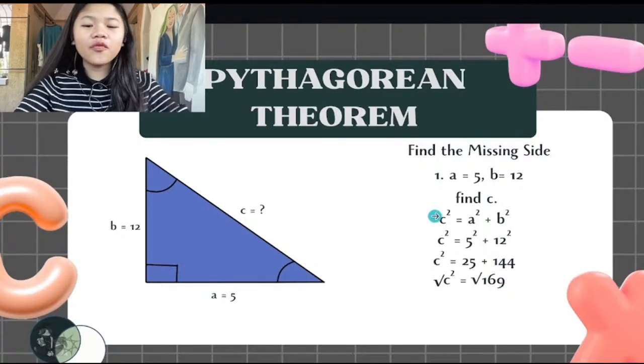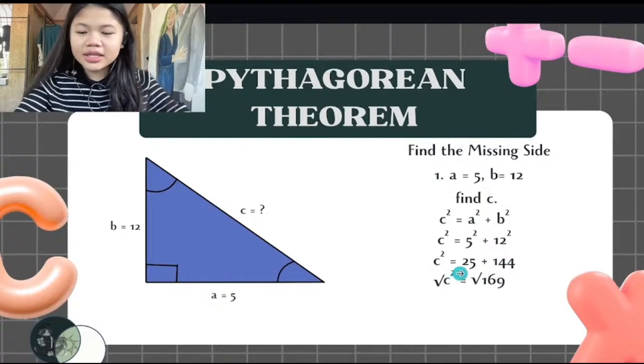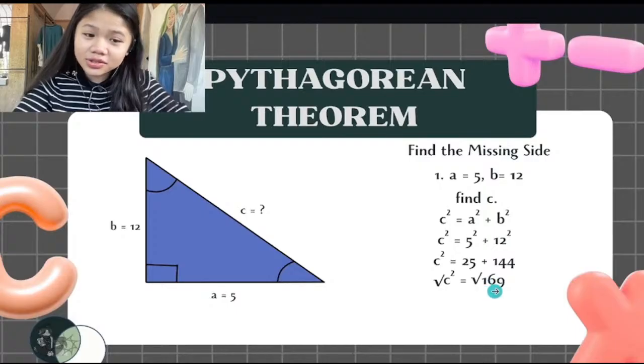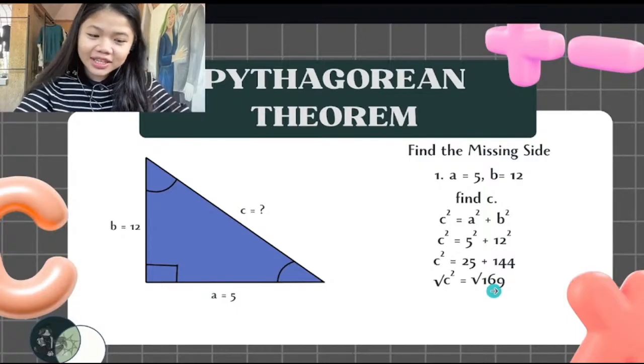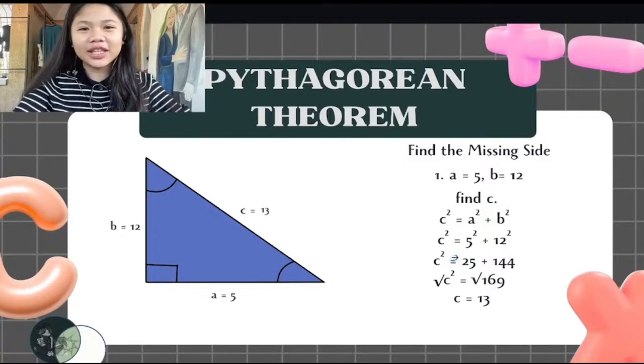Now, to solve for c, we take the square root of both sides to remove the exponent. c equals the square root of 169. And since the square root of 169 is 13, c is equal to 13. Okay, let's move on to the next example.